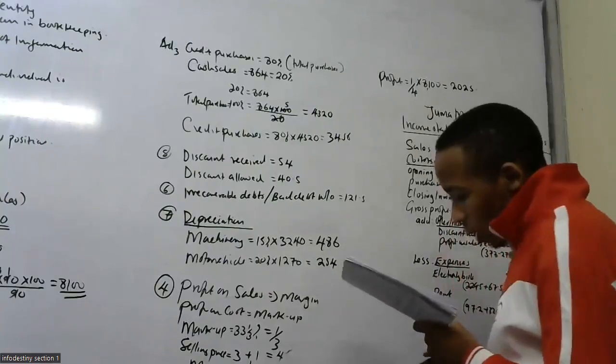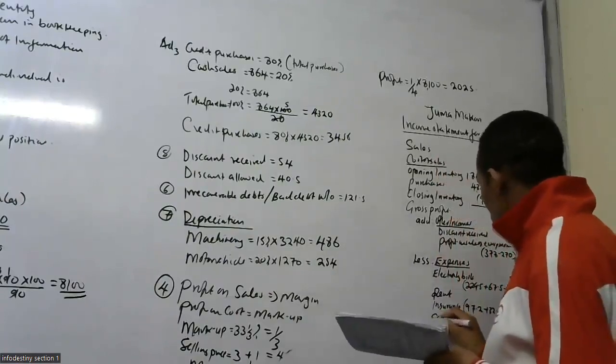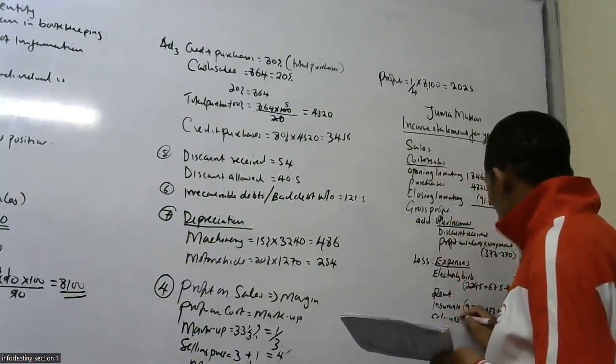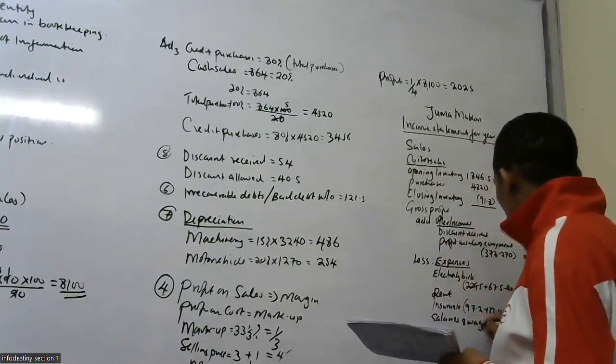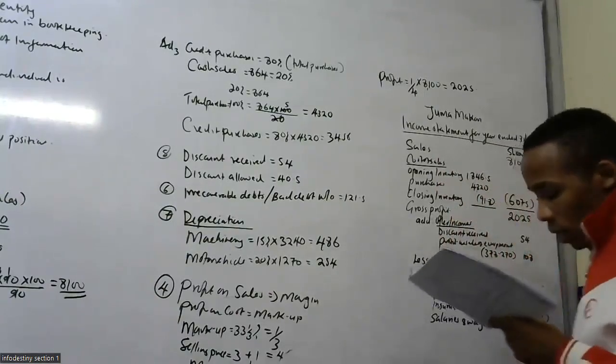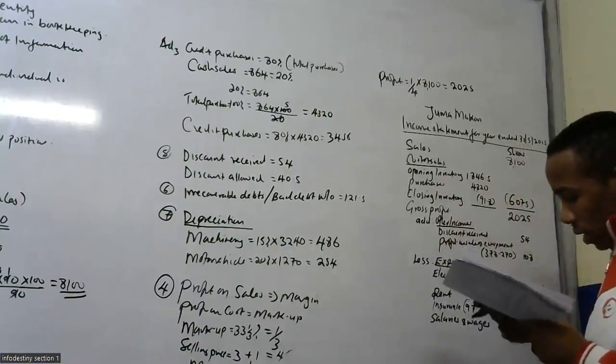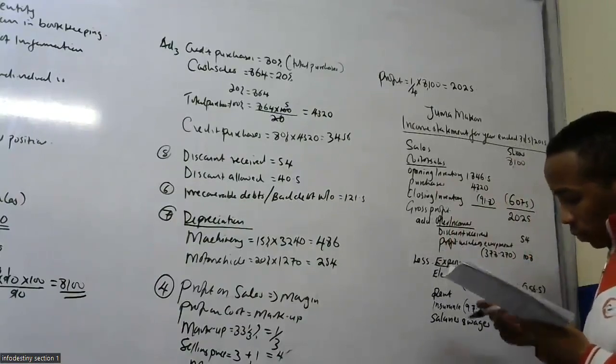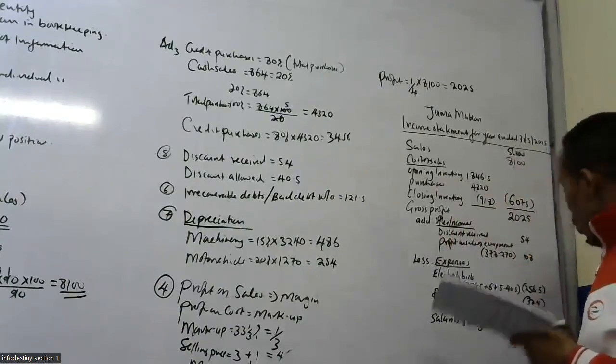Then the next one, we have salaries and wages. Salaries and wages, there are no adjustments about that. 202.5.